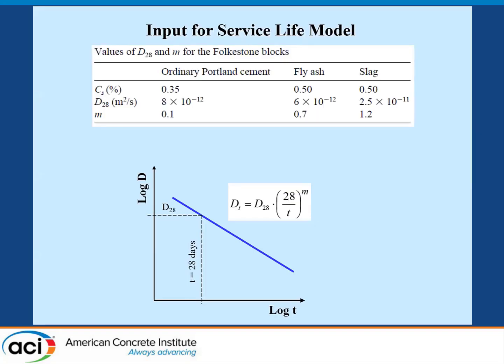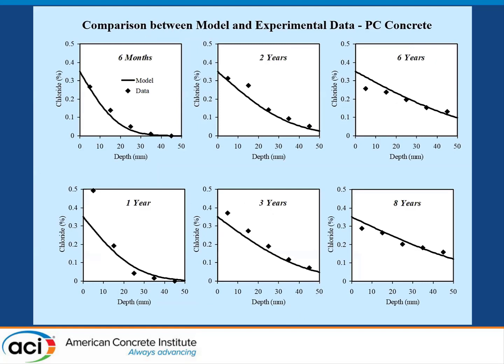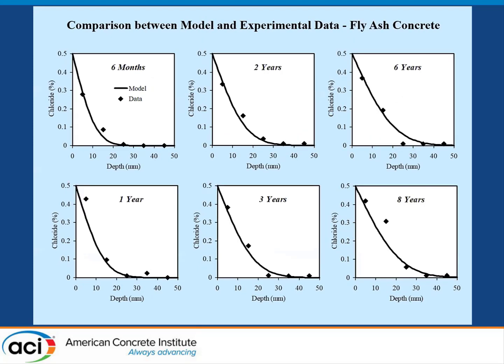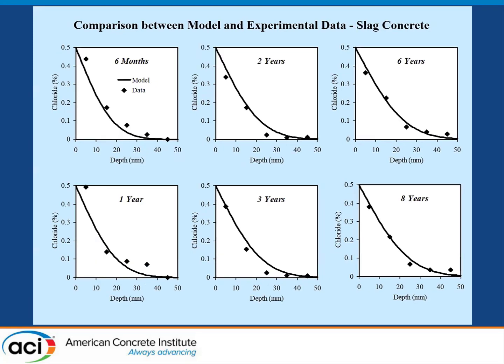In this situation, because we were in the splash zone, we had to back calculate surface concentrations. When we were able to do that, we were able to capture the profiles quite nicely once we got a guesstimate of the surface concentration. So again, working for splash zone concrete.